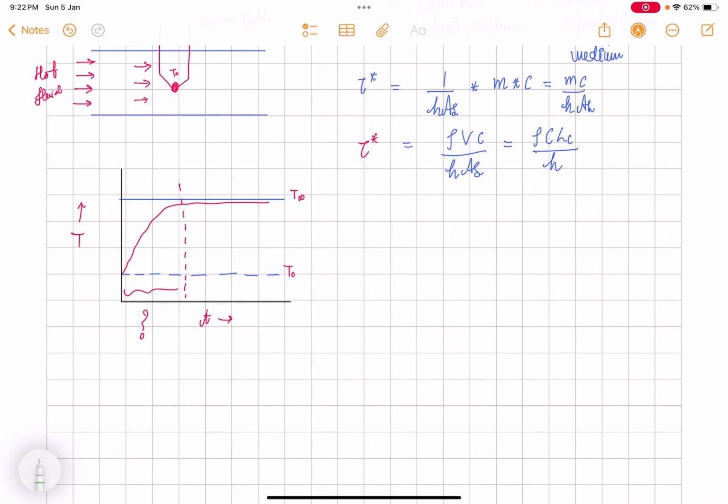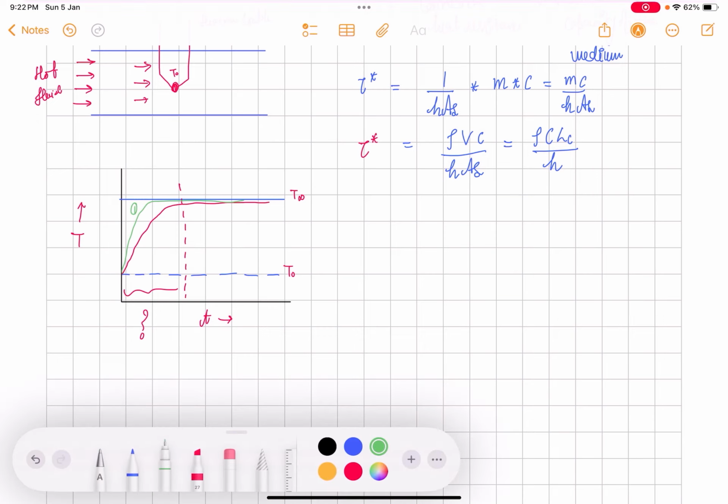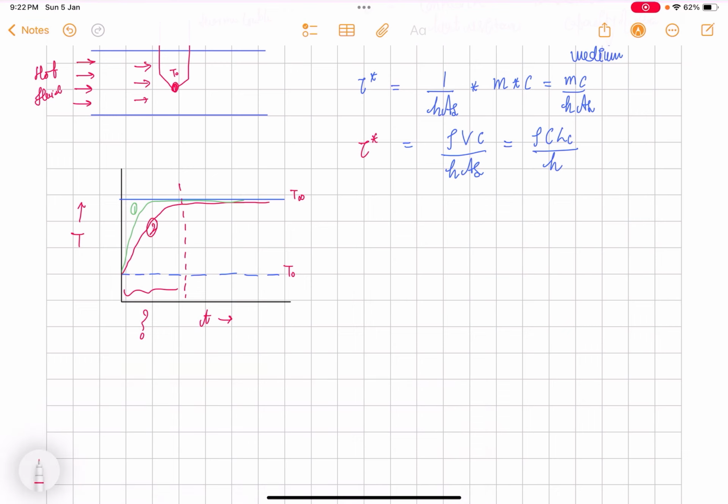Suppose we have two thermocouples, one behaving like the green one, thermocouple 1, and one like the red one, thermocouple 2. According to you, which thermocouple is good? Of course, the green one. Why?